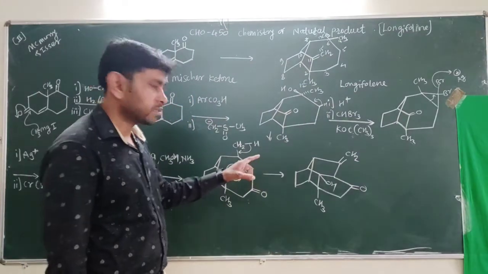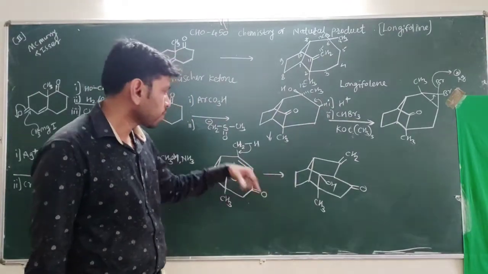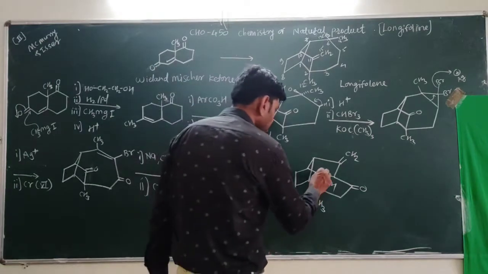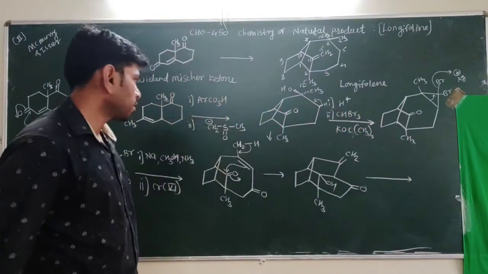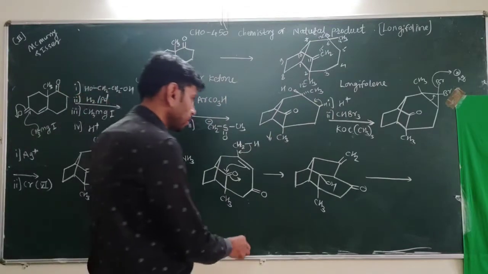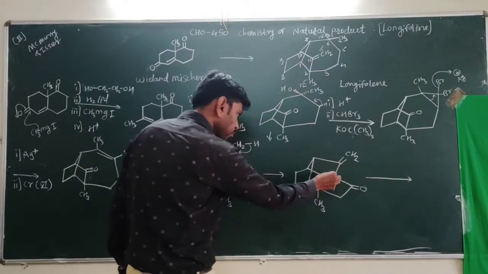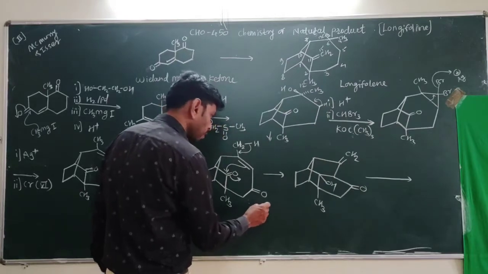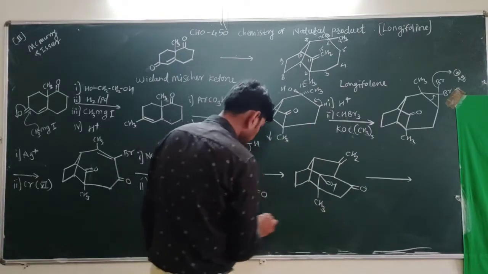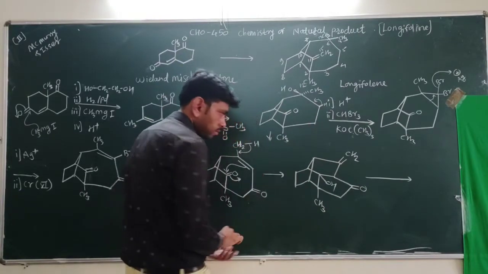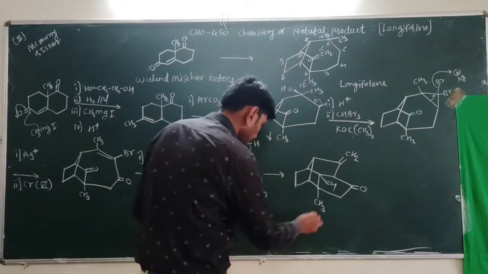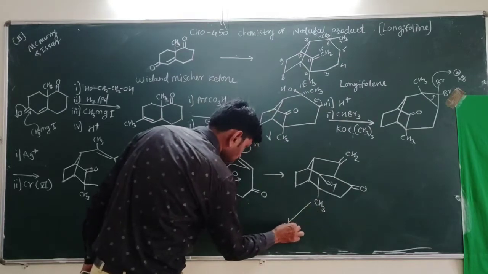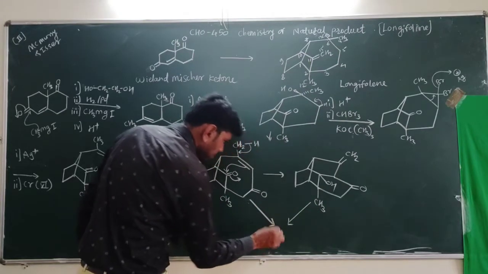Now at this stage, this tetracyclic product we obtain, we have to again convert this product, either this product or another, the next product, that is C, and this.